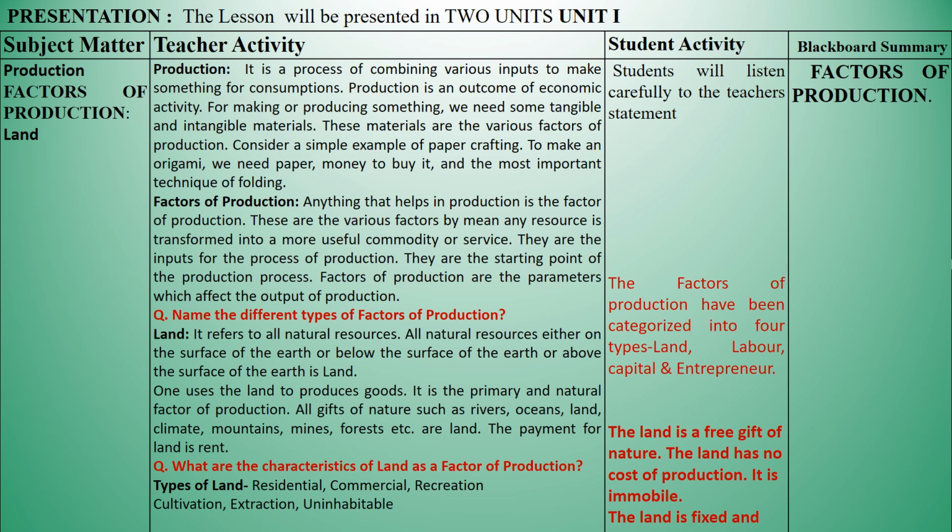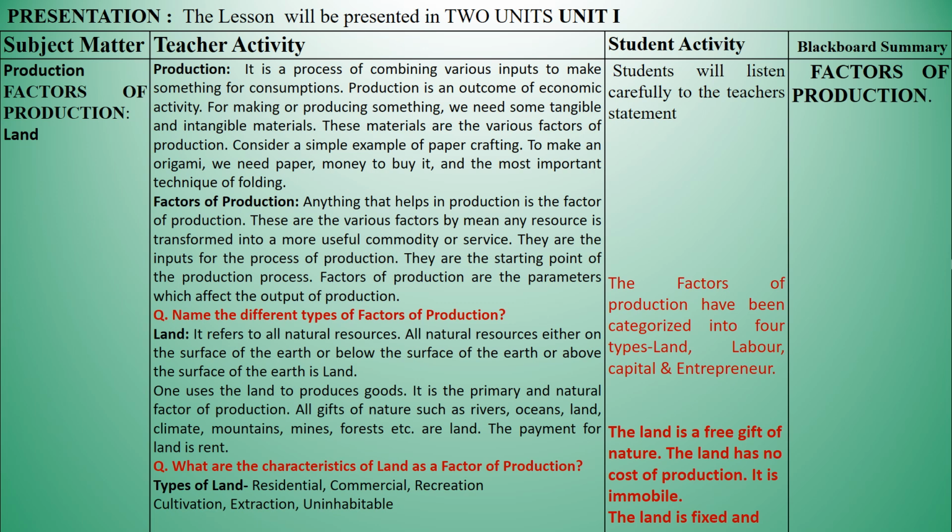There are various factors by means of which any resource is transformed into a more useful commodity or service. They are the inputs for the process of production. They are the starting point of the production process. Factors of production are the parameters which affect the output of production.